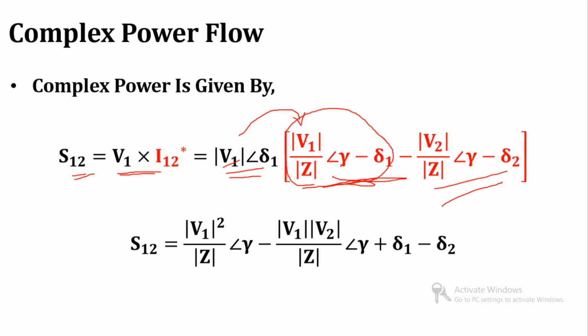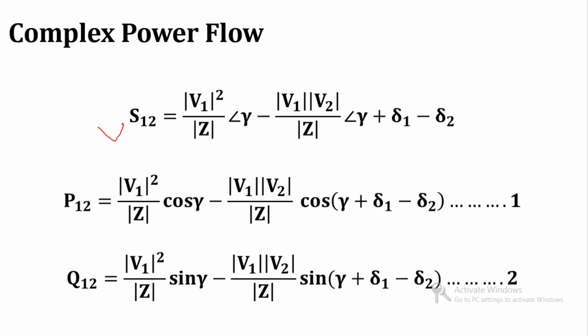So delta 1 plus gamma minus delta 1 is equal to gamma only, minus, now multiply with this term. So that is equal to mod V1 into mod V2 divided by mod Z, and the addition will be delta 1 plus gamma minus delta 2. So I can write that as gamma plus delta 1 minus delta 2, and that is equal to the value of S12.